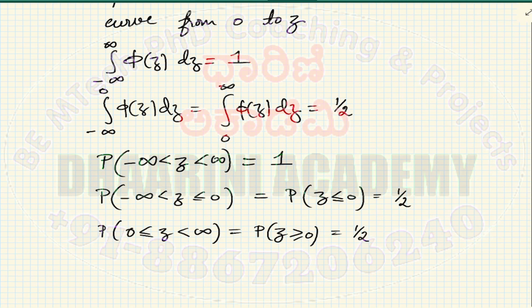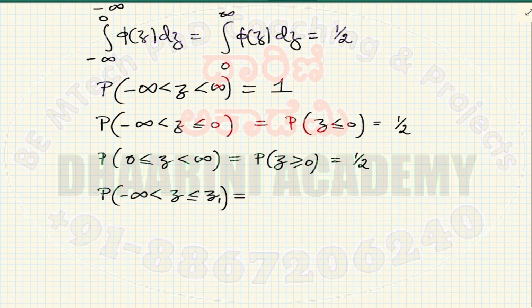Right? Okay. Now, let's say we want to find a different thing, that is, if I want to find P of minus infinity less than z less than or equal to any specific value z1, let us assume z1 to be a positive quantity. What I'm supposed to do here is the calculation.